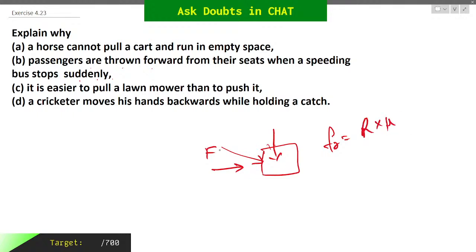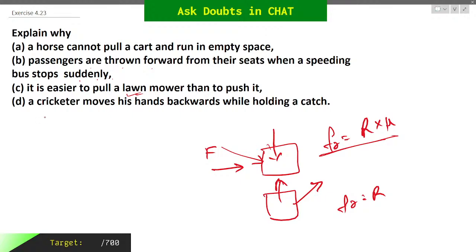So here the frictional force will increase, whereas in the case where we pull the lawnmower, there will be a force acting upward, so this will cause the reaction force to decrease, and thus the friction force will decrease as compared to the first case, that is pushing the lawnmower. That's why it is easier to pull the lawnmower as compared to pushing it.